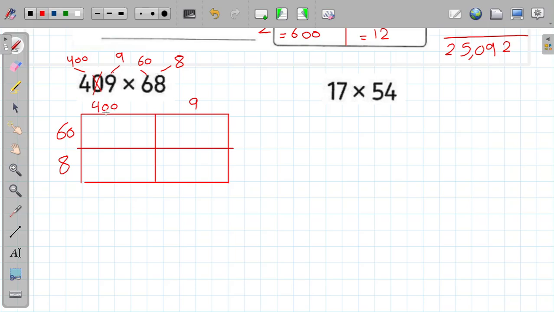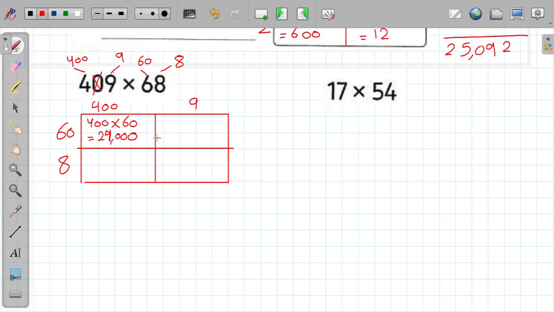So I will multiply first 400 by 60. 4 times 6 equals 24, and I have 3 zeros, so it will be 24,000.